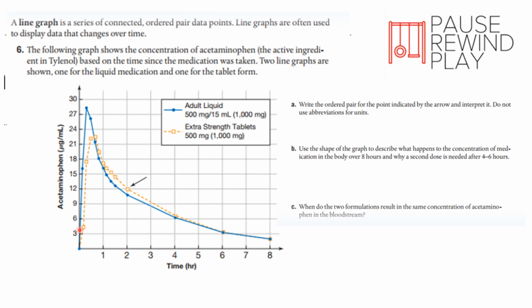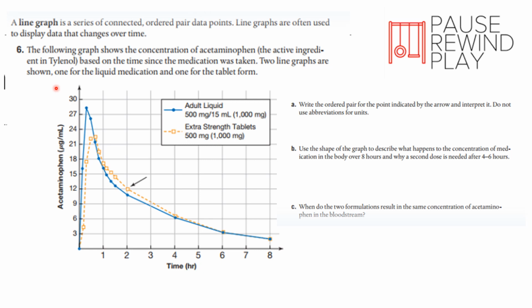But the adult liquid goes up, and then it decreases. The extra strength tablets, you have to digest them into the bloodstream, and then you have it like this. So this represents what's happening with acetaminophen, the active ingredient in Tylenol, based on time.